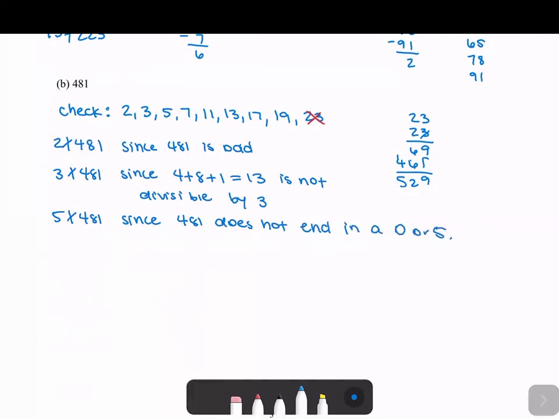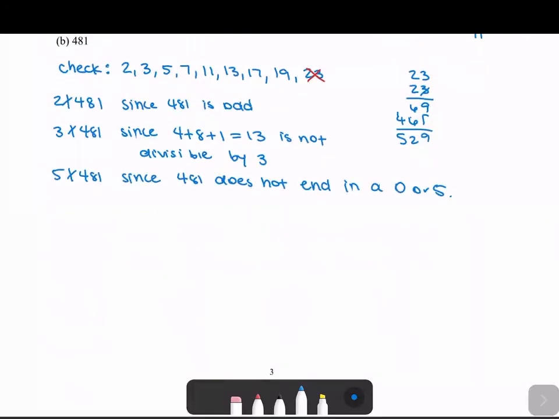Okay, what about 7? So we don't know just by looking at it. So let's divide 481 by 7. 7 goes into 48 6 times, with 6 left over. 7 goes into 61 8 times, with 5 left over. So because there's a remainder, 7 does not divide 481.